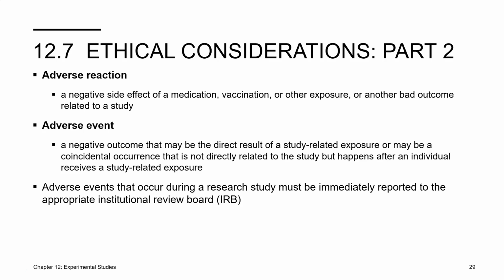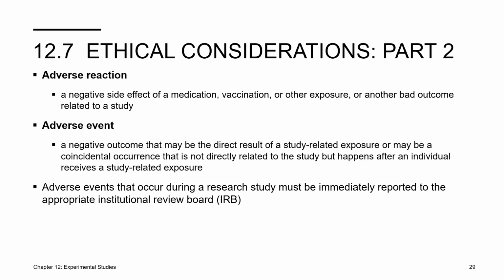And there are many things that can happen, particularly when you're getting into the clinical treatments. There could be an adverse reaction or an adverse event. And an adverse reaction is a negative side effect of a medication, vaccination, or other exposure, or other bad outcome related to the study.